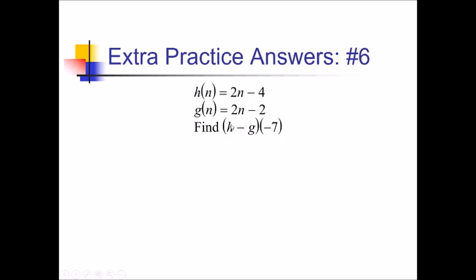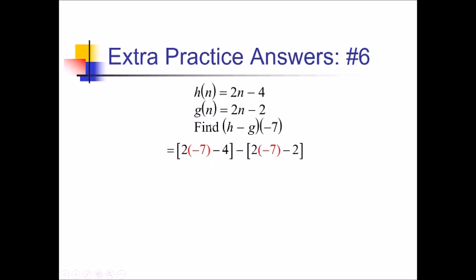On this one, we're doing h minus g of negative 7, given the h and g functions up here. So we're doing h of negative 7 minus g of negative 7. H of negative 7 is going to be 2 times negative 7 minus 4. G of negative 7, that's going to be 2 times negative 7 minus 2, and I'll subtract all of that in its own bracket over here.